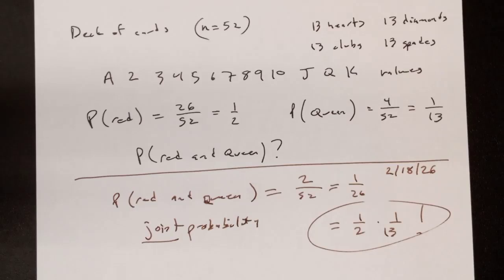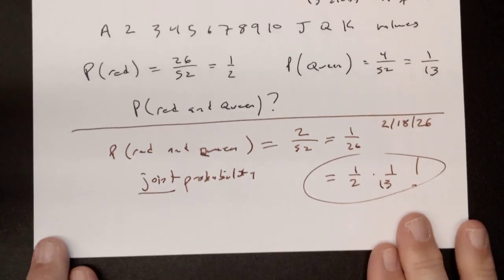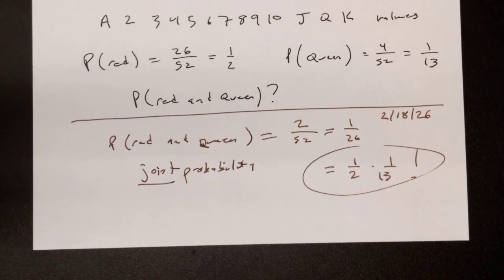And joint probability depends on other information we have. And that's the critical piece. In this case, chance of being red doesn't have anything to do with chance of being a queen. So that, they don't have anything to do with each other, is an important piece to the way these relate.